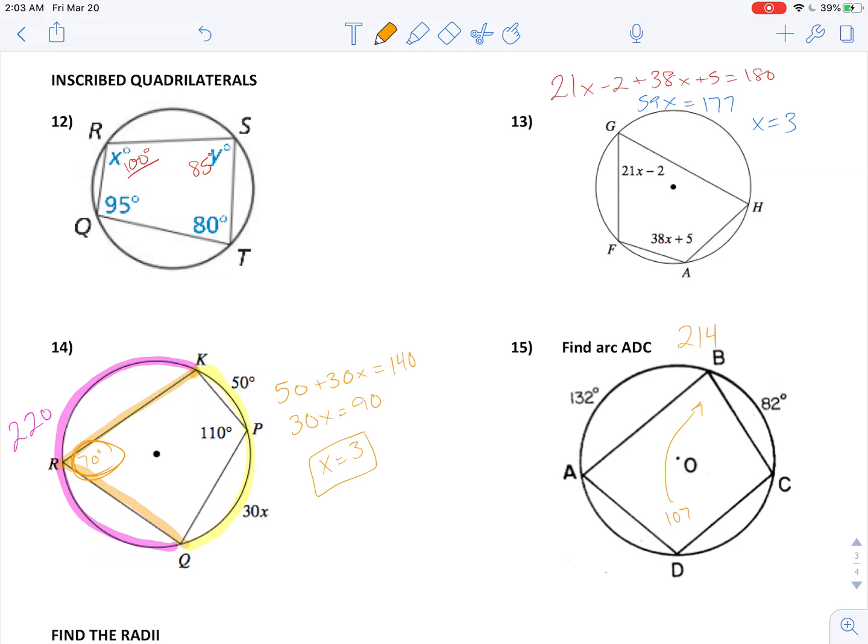And then what else could we find? Well, I know opposite angles have to be in some specific relationship. So what do those two add to? Well, those opposite angles must add to 180, must be supplementary. So this is 73. You know what? I should do that in a different color. Let's do it in pink. 73. And what can I do with that now?